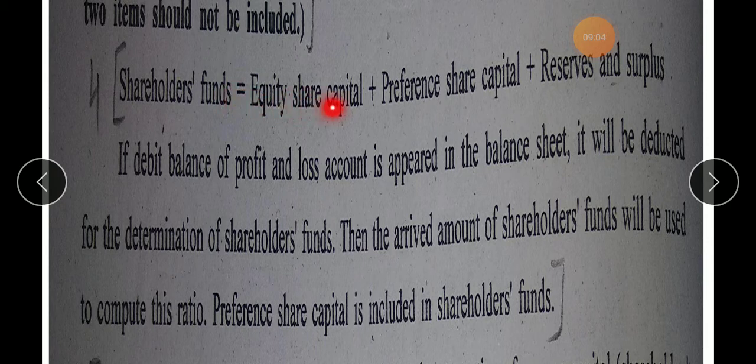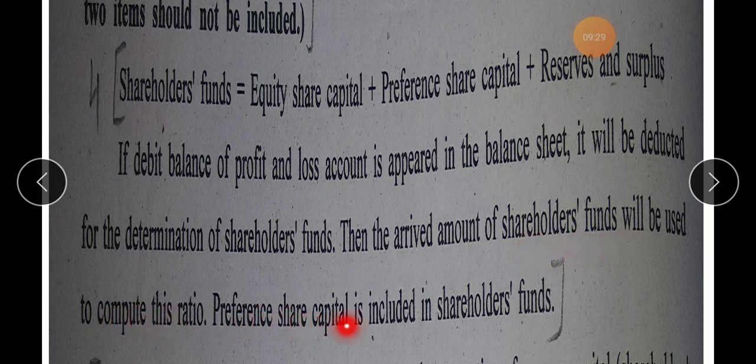Equity share capital plus preference share capital plus reserves and surplus. If debit balance of profit and loss account is in the balance sheet, it will be deducted for the determination of shareholders' funds. The arrived amount of shareholders' fund will be used to compute this ratio.